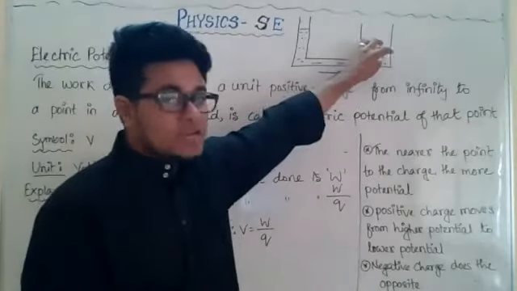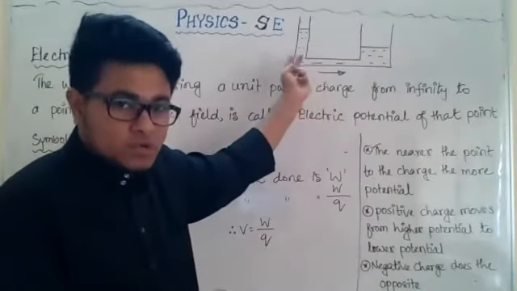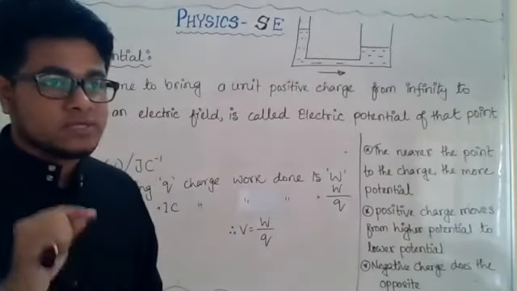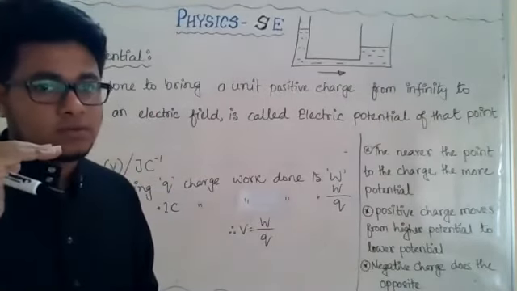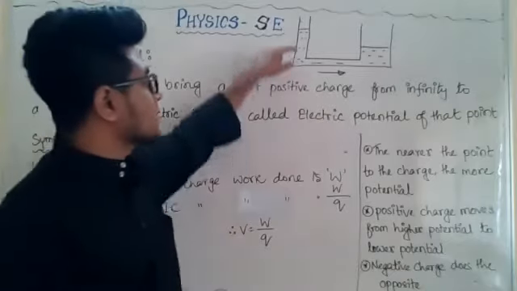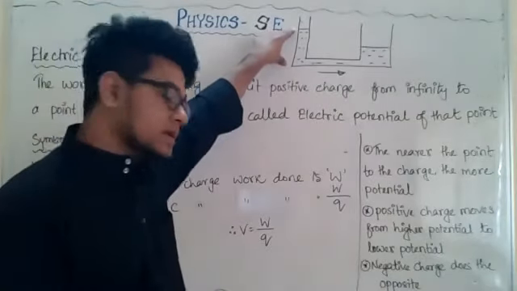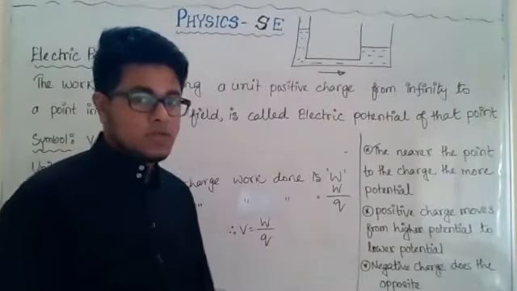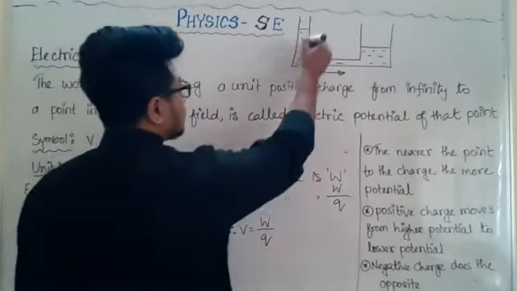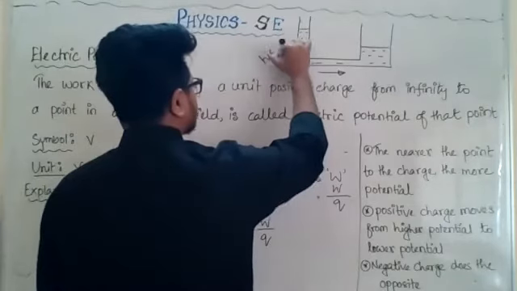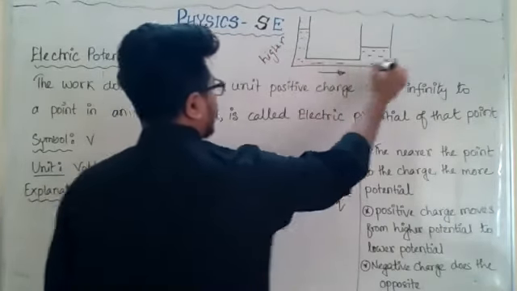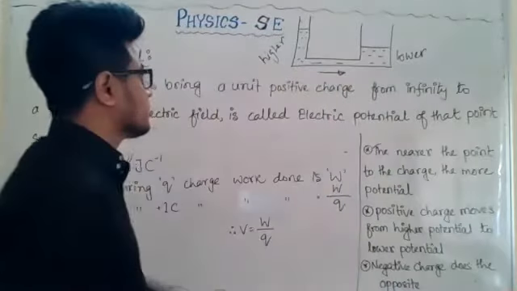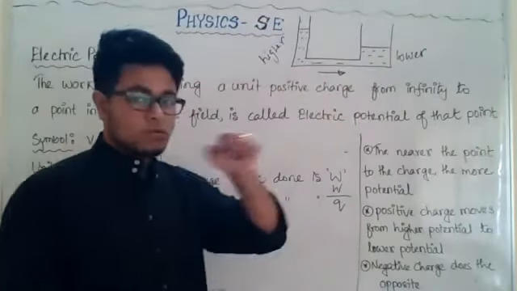There might be 10 liters of water here and maybe 2 liters there, but the water flow will always depend on the height of the water level. If the water level is higher here, then definitely the water will flow from here to there. So the water always flows from the higher water level to the lower water level.